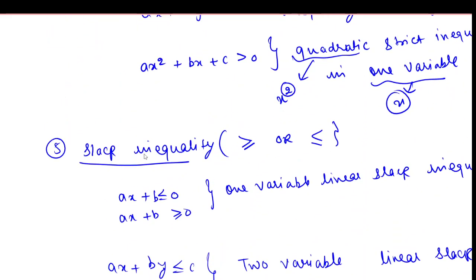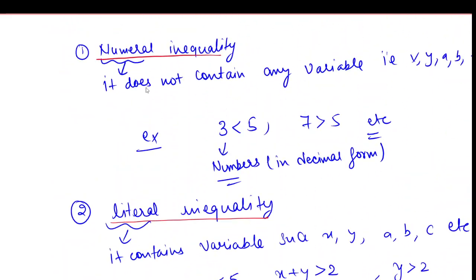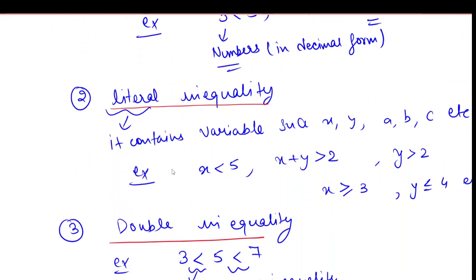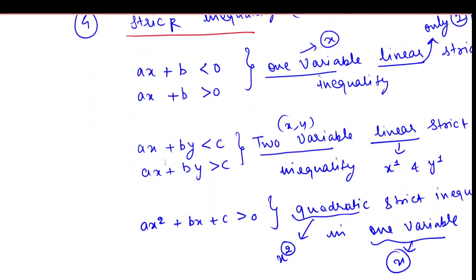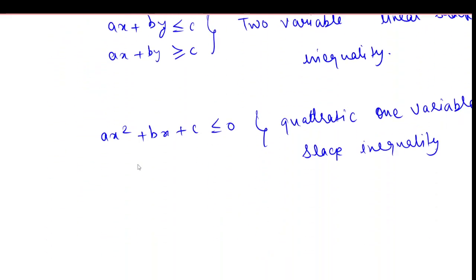So these are the types of inequalities, that is numeral inequality, literal inequality, double inequality, strict inequality, and slack inequality.